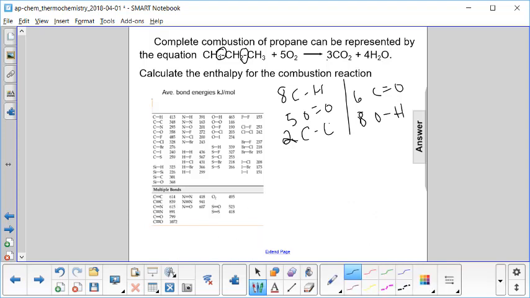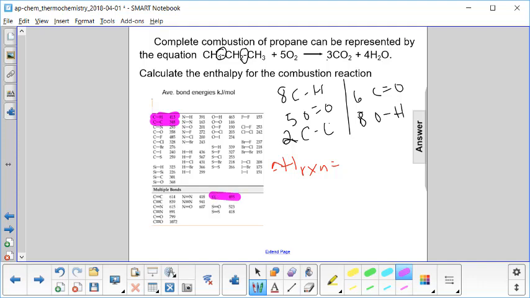So delta H for the reaction is the sum of the bond energies for the reactants minus the bond energies for the products. For the reactants, we have these carbon-hydrogen single bonds, so that value is right here. We have carbon-carbon single bonds right here, and oxygen-oxygen double bond, which is right here.